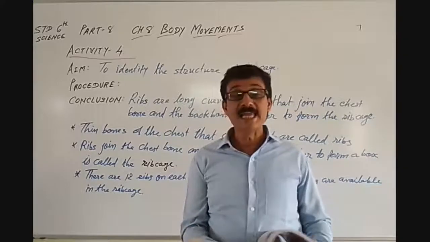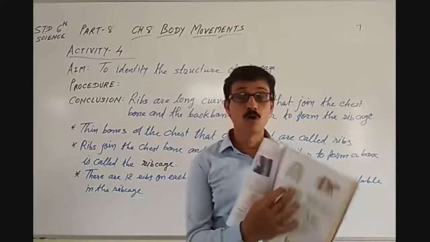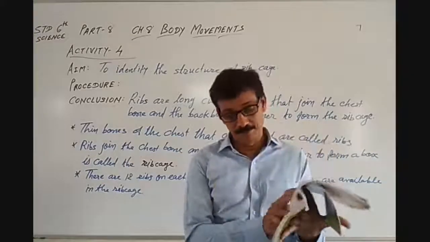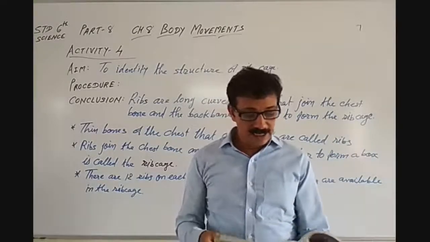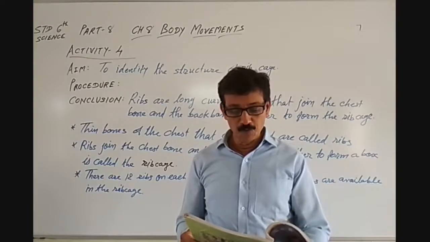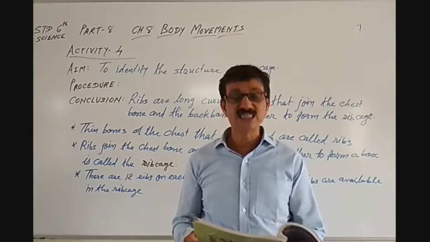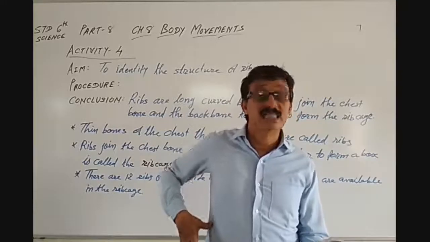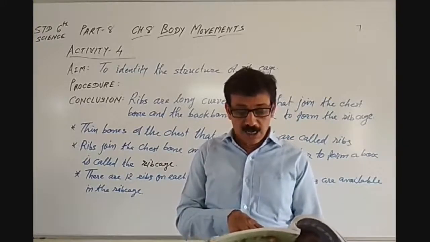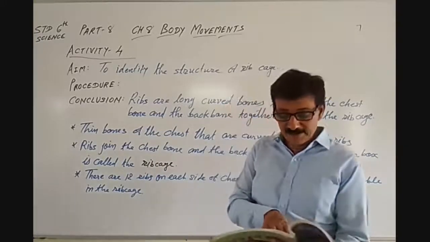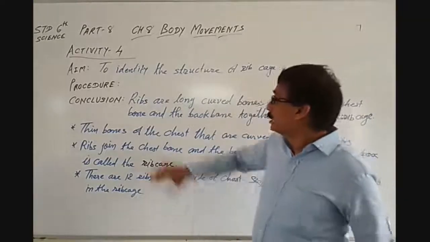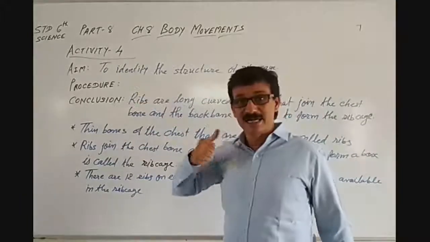Observe figure 8.10 carefully and compare with what you feel of the chest bones, what you feel over here at the chest bones. We see that the ribs are curvedly bent. Now look over here. So we completed the procedure.